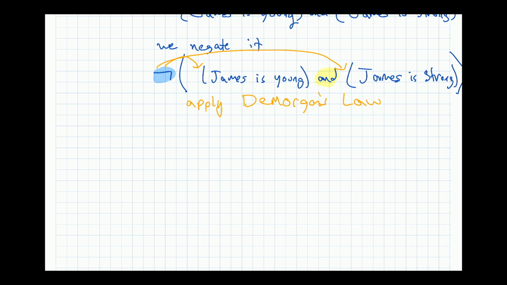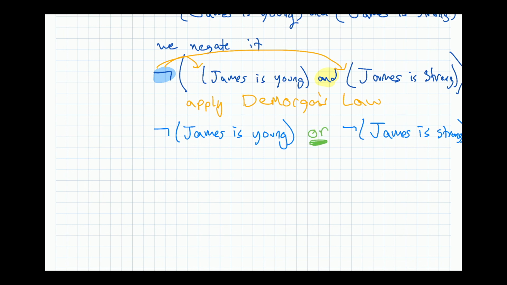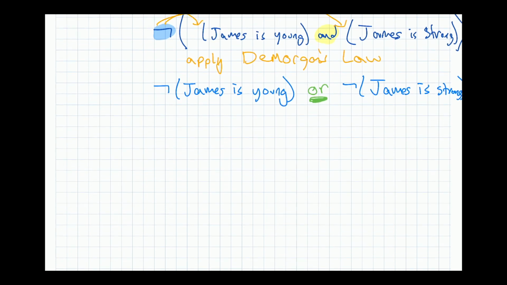So we applied De Morgan's law, and this is going to be not James is young. The other one gets a not, James is strong. And in between them, we had an and. Now it's going to be an or, because that's what De Morgan's law does. So you have not James is young or not James is strong.